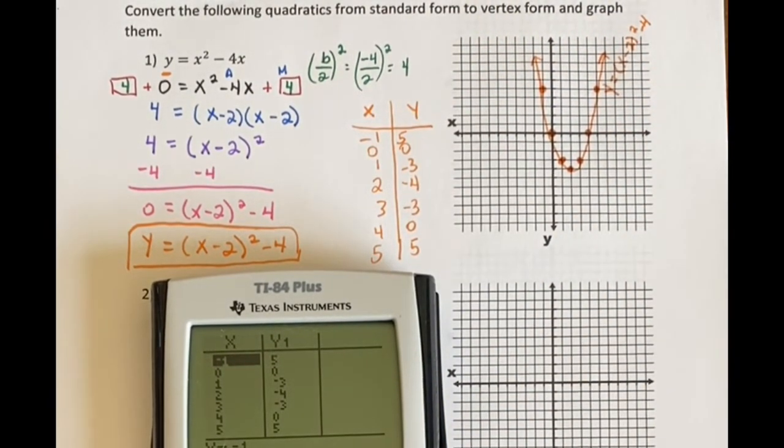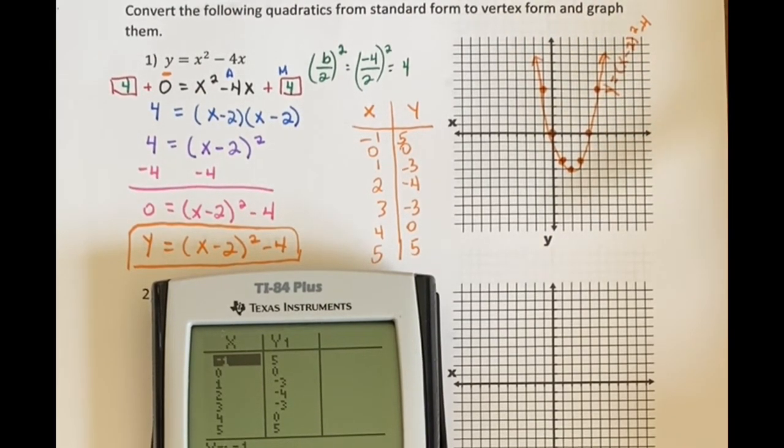And make sure when we graph this equation, we plot all the points with our arrows on the end and write the equation of the line.